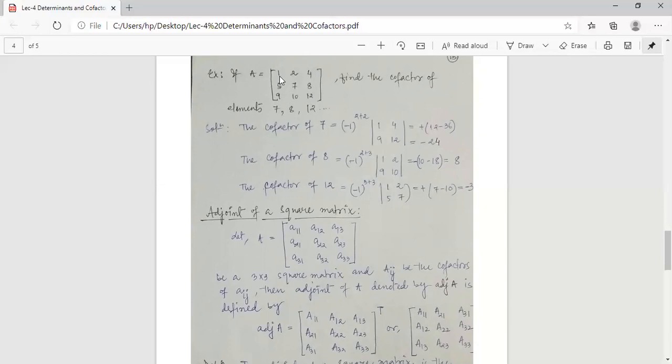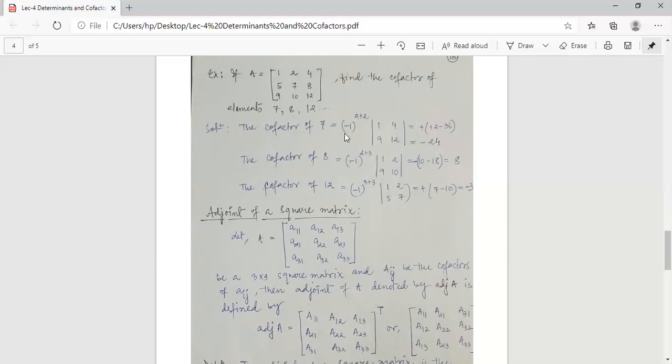Its determinant value is 10 minus 18, so this is minus 8. Since 2 plus 3 is odd, it will be a negative sign: negative of minus 8, so it will be positive 8.